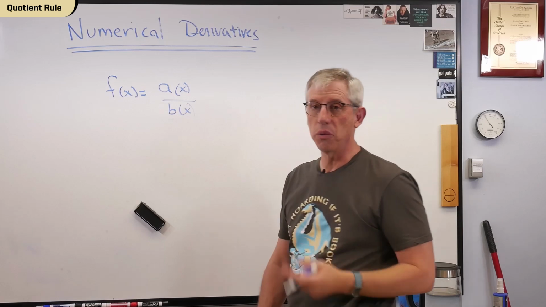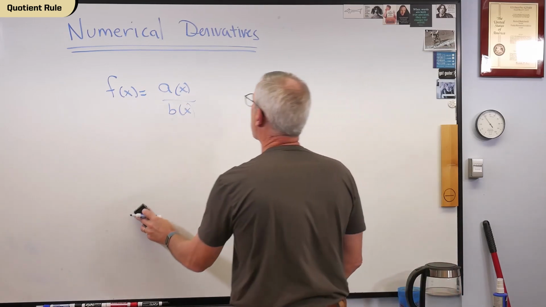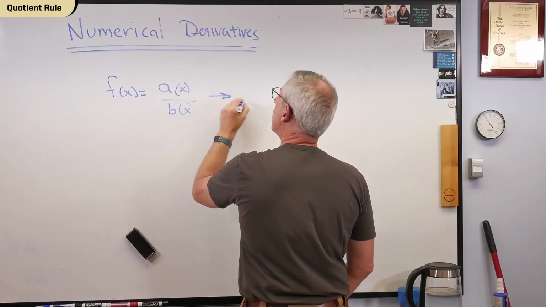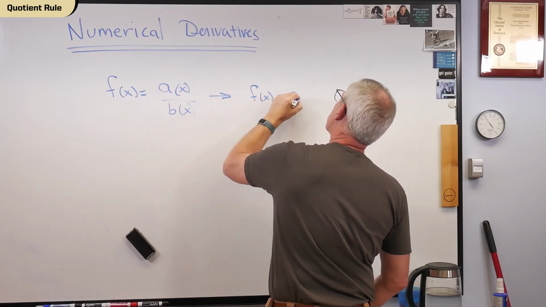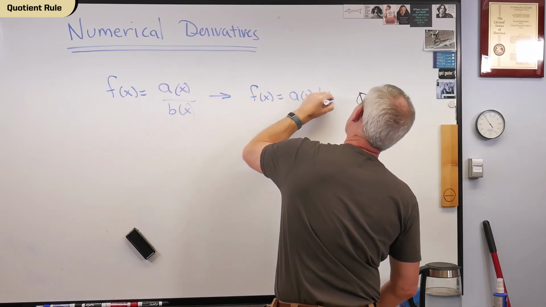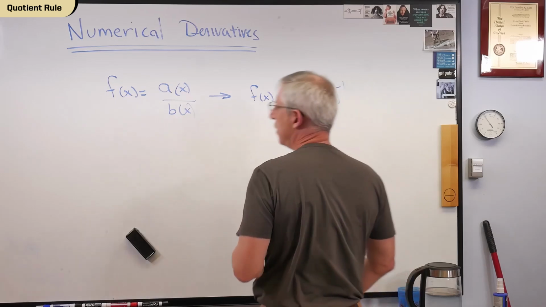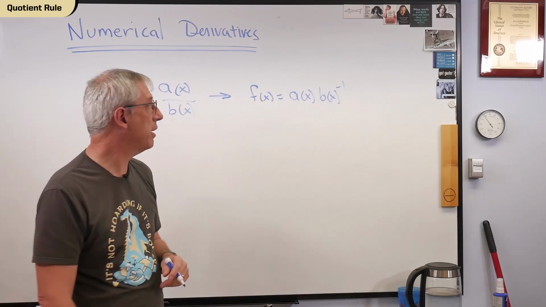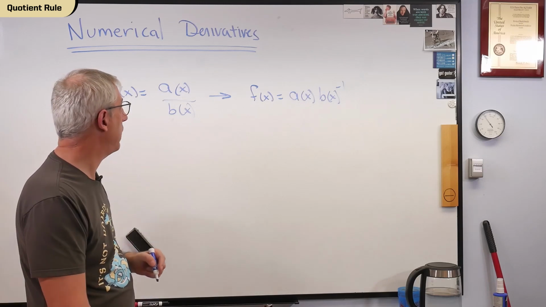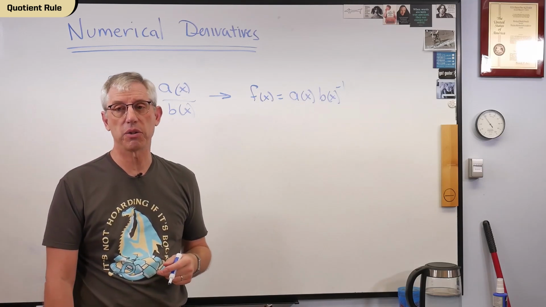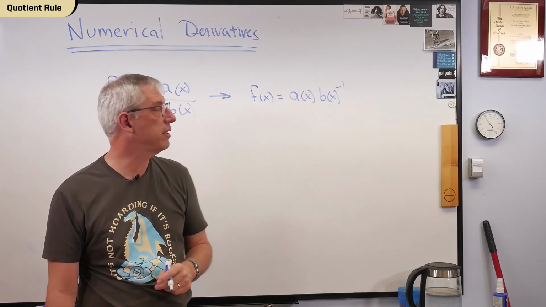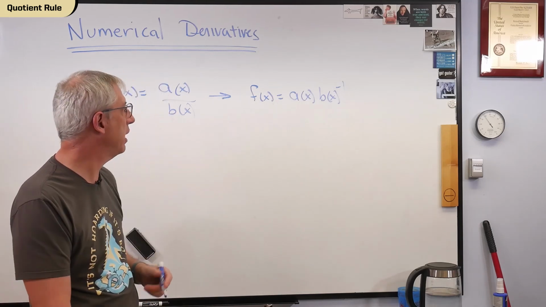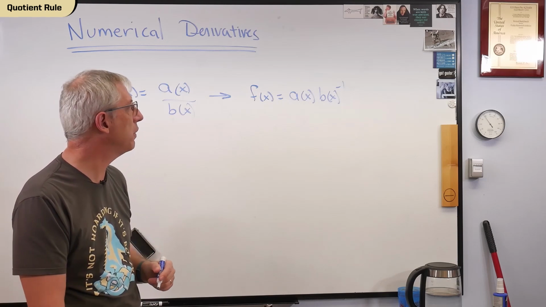Well, there's a separate rule for that if you want, but a more straightforward way to do it, if you ask me, is just to say that f of x equals a of x times b of x to the minus 1, and just use the product rule again. Now, 1,000 years ago when I was in undergraduate school, I decided it was too hard to remember the quotient rule. So I just started doing this, and it works fine. I've been getting correct answers on this ever since, so I guess it must be okay.